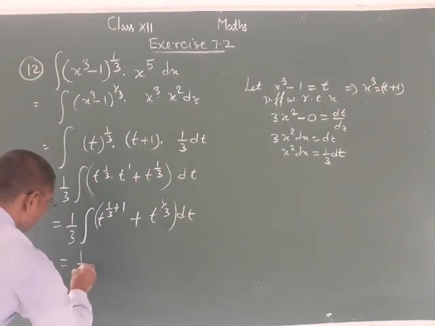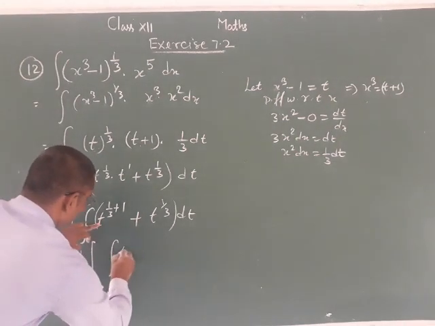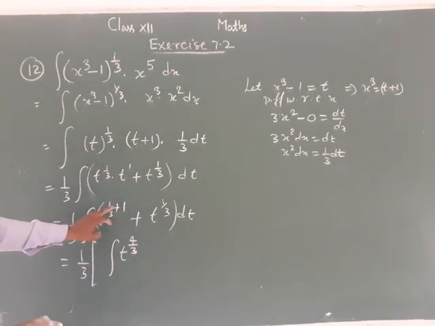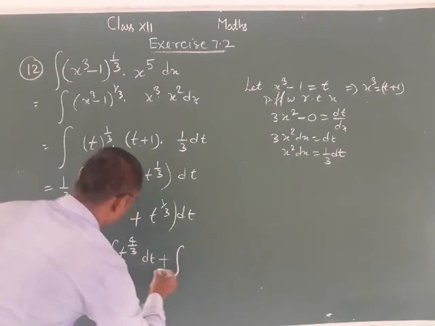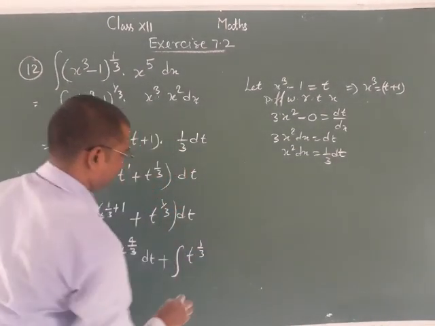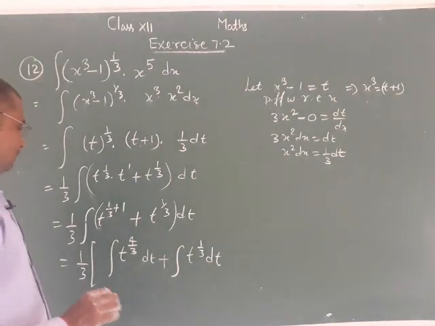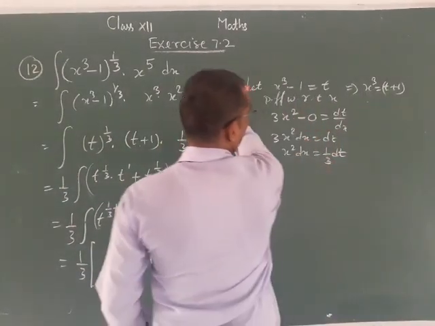So also 1 upon 3 integral of t to the power 4/3 dt plus integral of t to the power 1/3 dt. So now we calculate this.